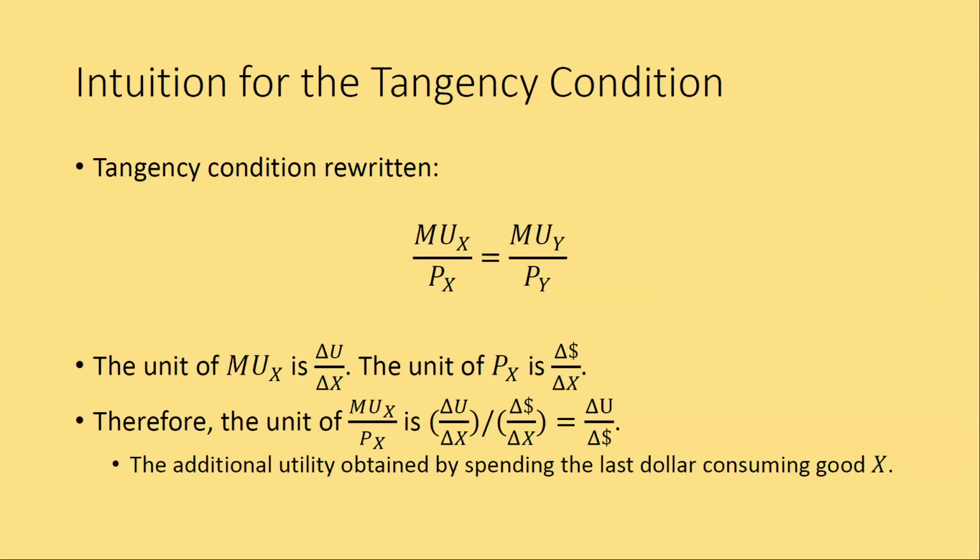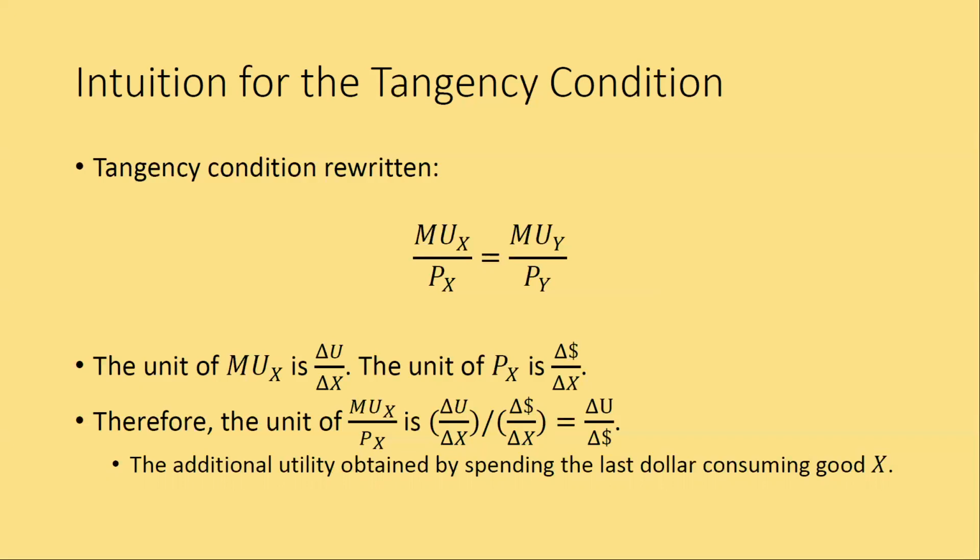We can not only divide numbers, we can also divide units. If we divide those two units, what we are left with is delta U divided by delta dollar. This tells us the additional utility you obtain by spending the last dollar consuming good x. Although delta x cancels out in this expression, we are concerned with consuming good x here. This is on the left-hand side.